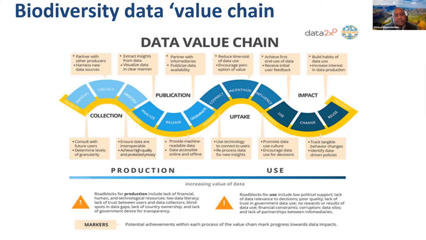Under analyzation, they involve extracting insights from data and visualizing the data in a clear manner. Then the release part of it involves providing machine-readable data and also data that is accessible either online or offline. Then dissemination, of course, also involves partnering with intermediaries and also publicizing the data to make it available.